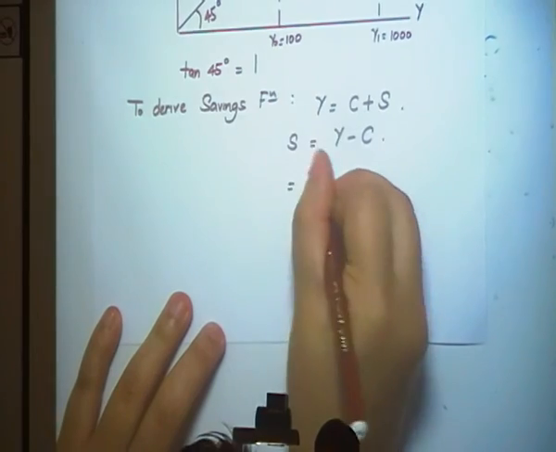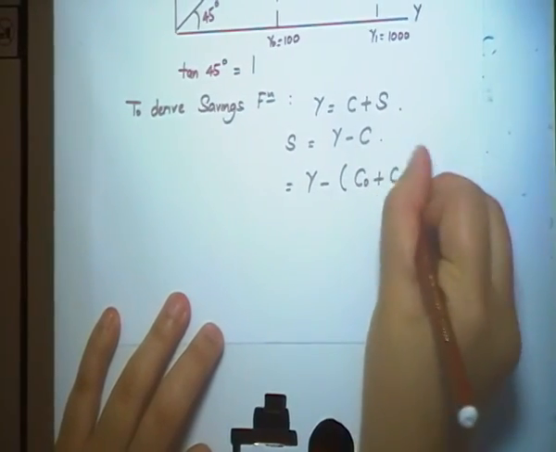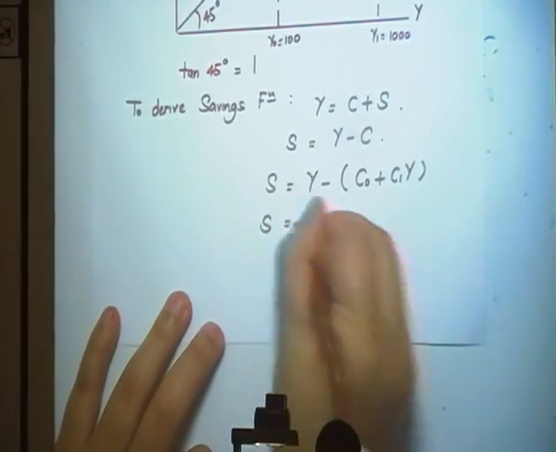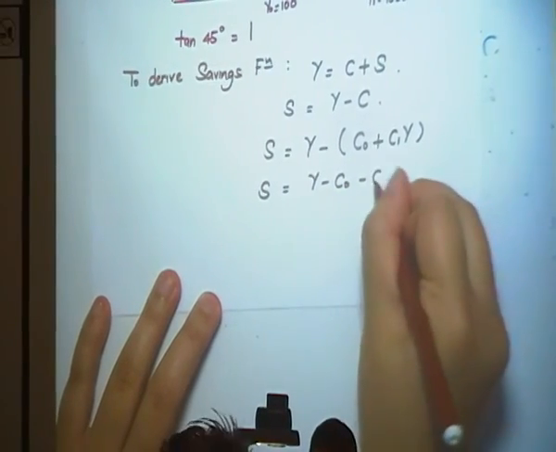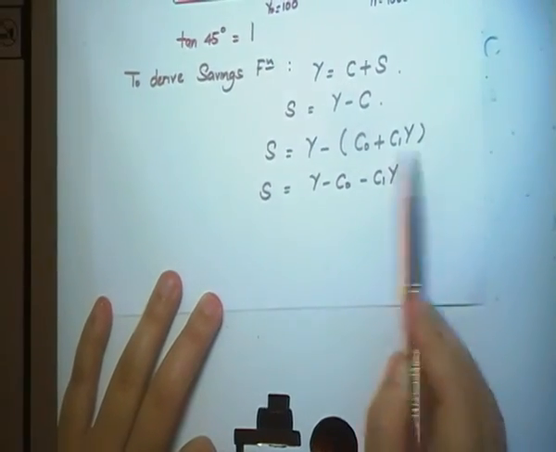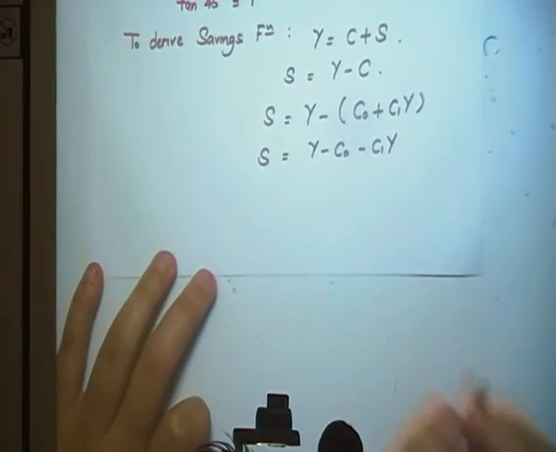If you know that your income is Y, your consumption is now C0 plus C1Y, you will see that your savings is equal to Y minus C0 minus C1Y. Please remember to cover the bracket. If not, you will miss out on the sign. Okay?